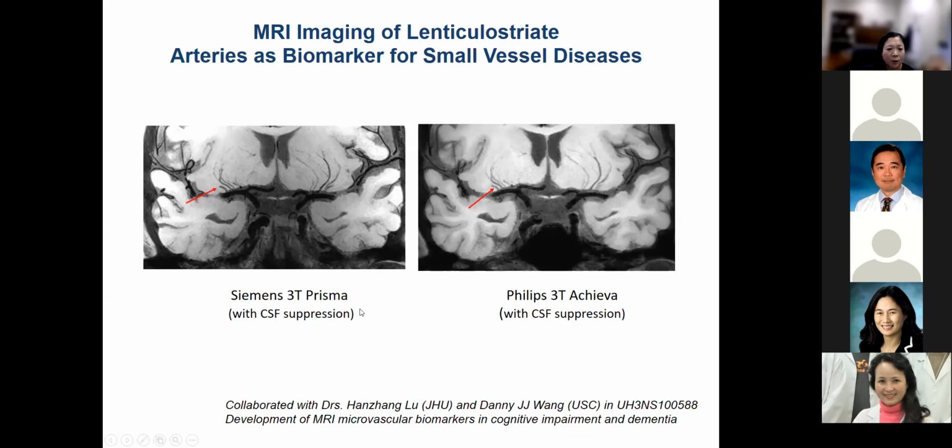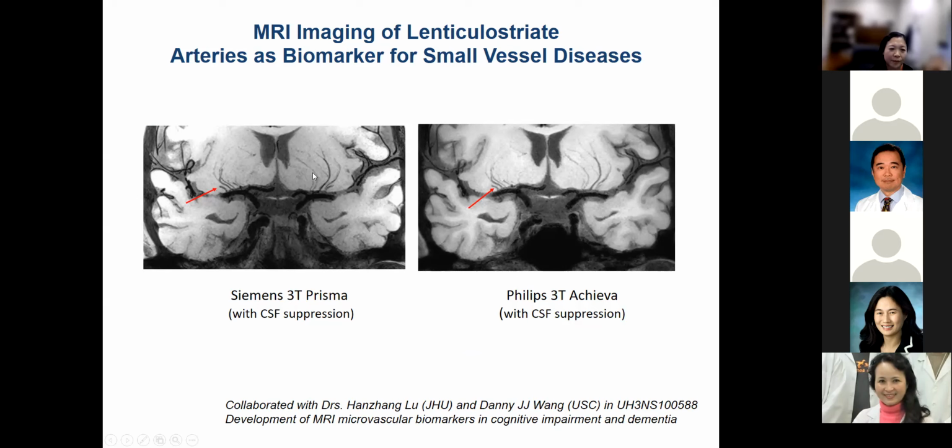And we further go to more small vessels like the lenticulostriate vessel. This is a branch from M1. This size is very small. Our previous work is focused on relatively large and medium size intracranial arteries, and this is a small vessel.